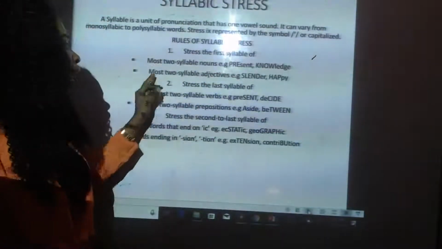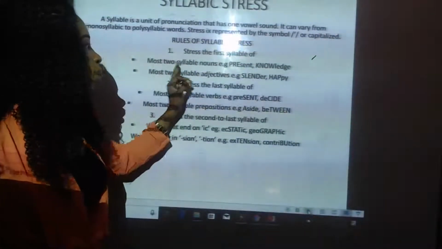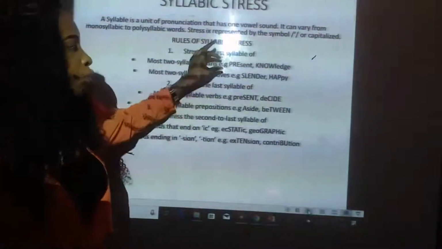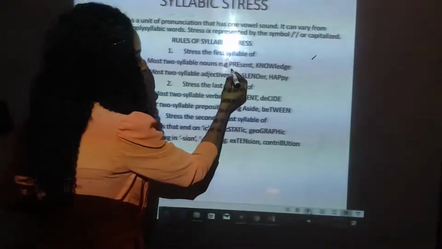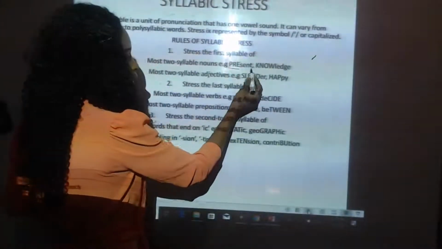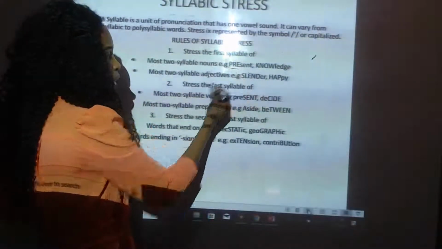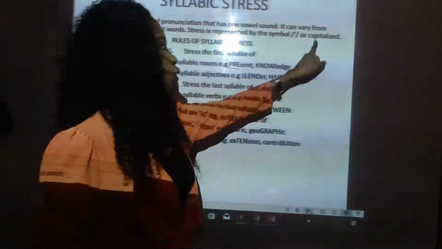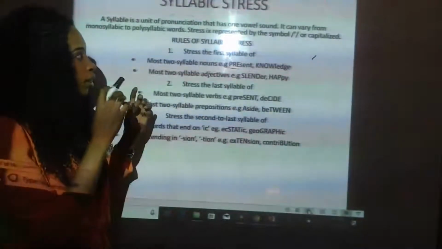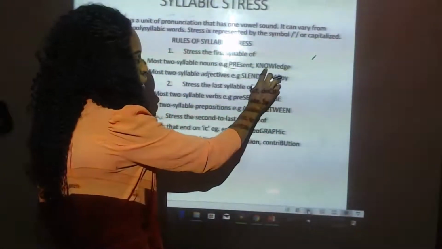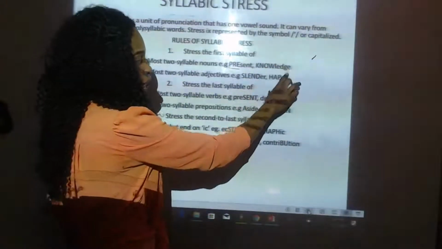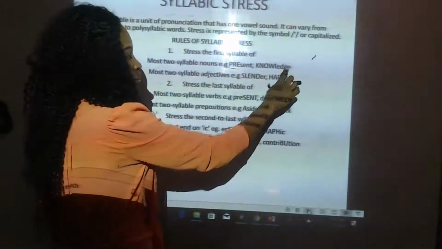Any 2 syllable noun must be stressed at the first syllable. The pre will carry the capitalized form, showing that it is what? Stressed. Then next one, knowledge. No is the first syllable. Ledge is the second syllable.